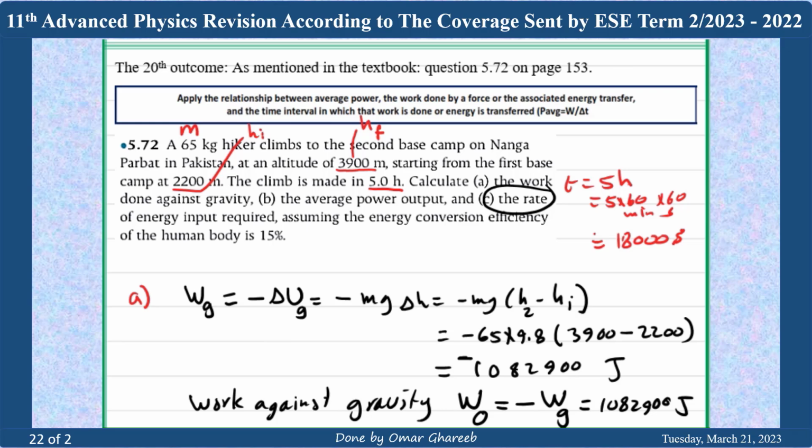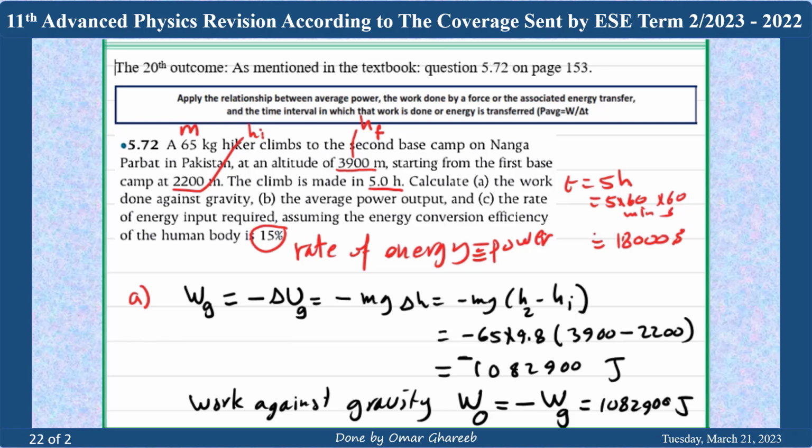As in any question, if the question tells you find the rate of energy, it means power. So I need the power, but there is a loss of 15%.